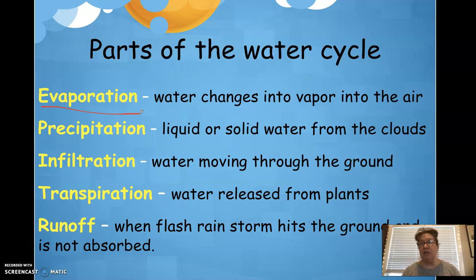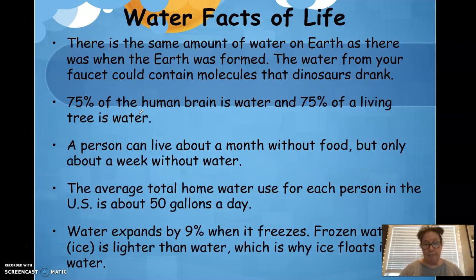And with that, it could deposit or take with it some of the soil, which can create some environmental hazards with the amount of soil that's in our water, meaning a turbidity problem.